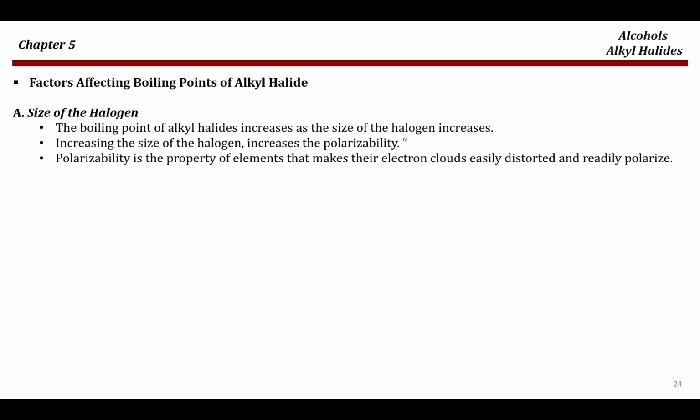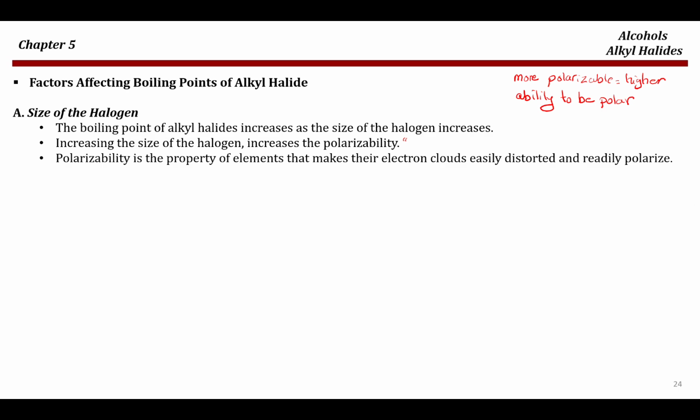By definition, polarizability is the property of an element that makes its electron cloud easily distorted and readily polarized. To explain this in simple terms, a more polarizable element has a higher ability to be polar. This is what we mean by polarizability.